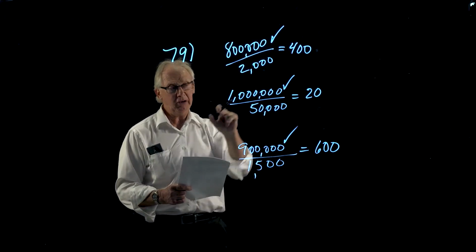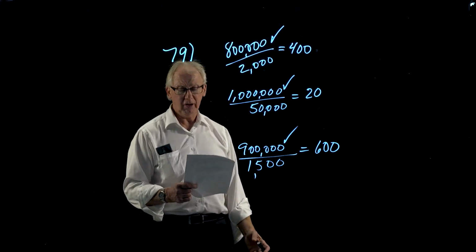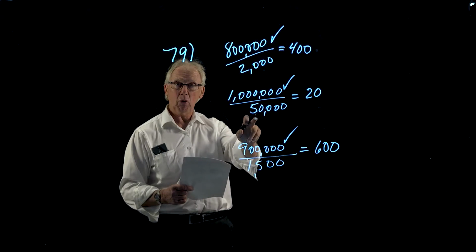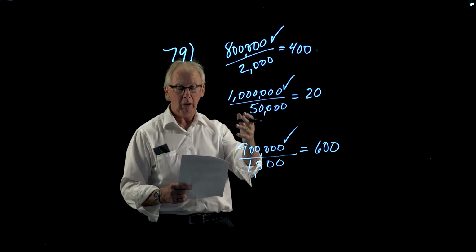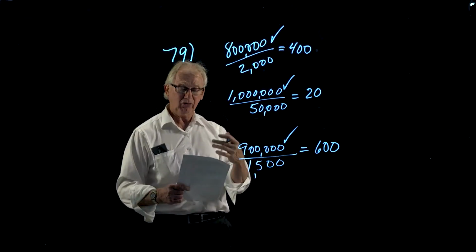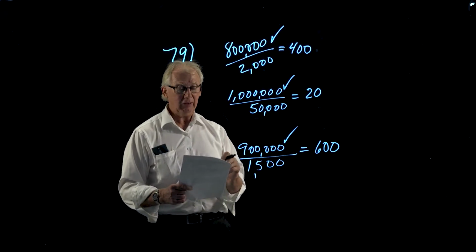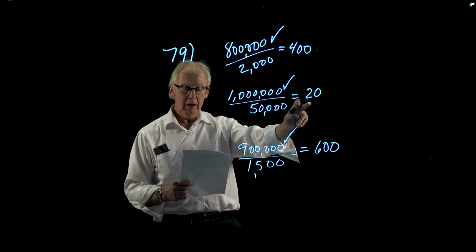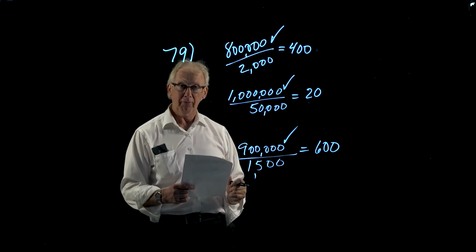We see that we have $1 million cost, and we've got 50,000 moves to mix whatever they were mixing. So if we put the $1 million over the 50,000, we get $20 per mixing move.